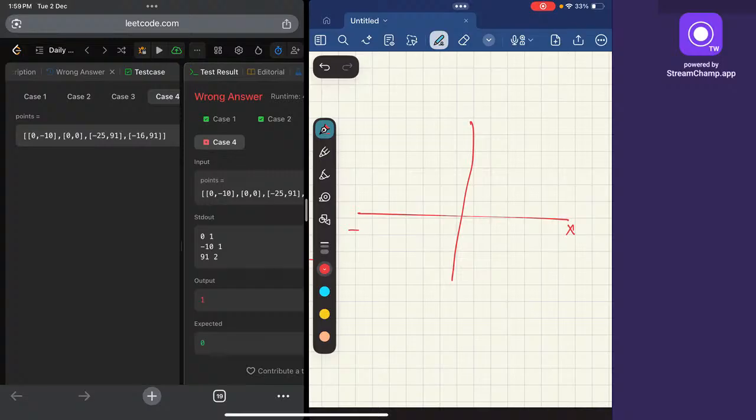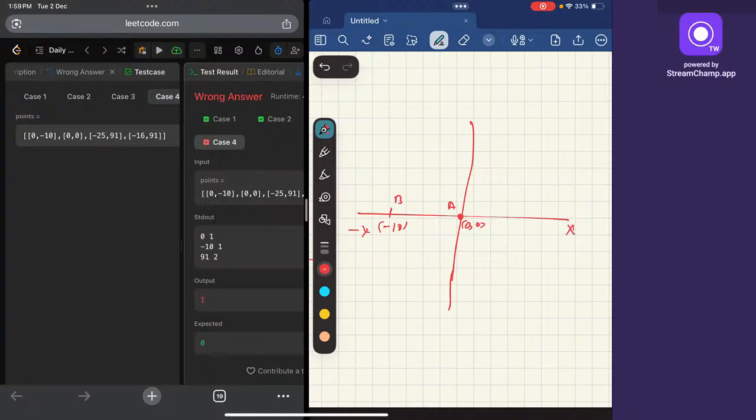This x-axis, minus x-axis, 0, 0, 0, minus 10. Here this is point A, this is point B. Now point C is on the x-axis and y-axis.